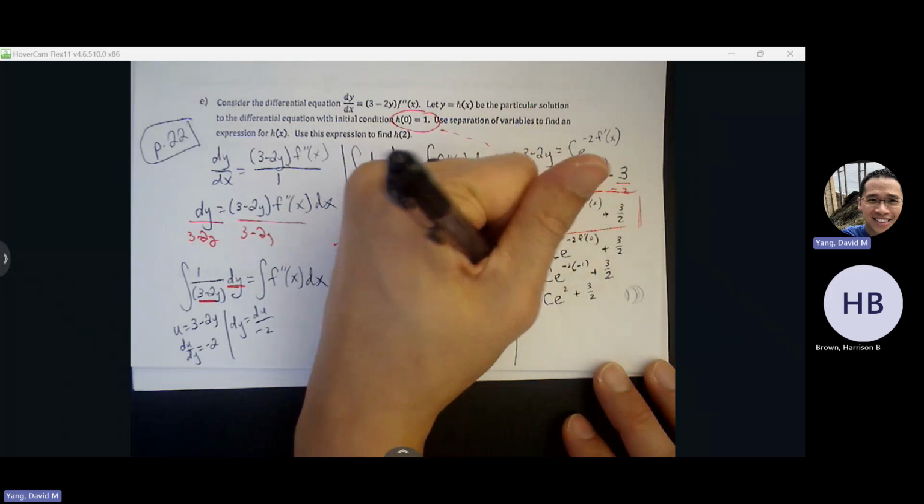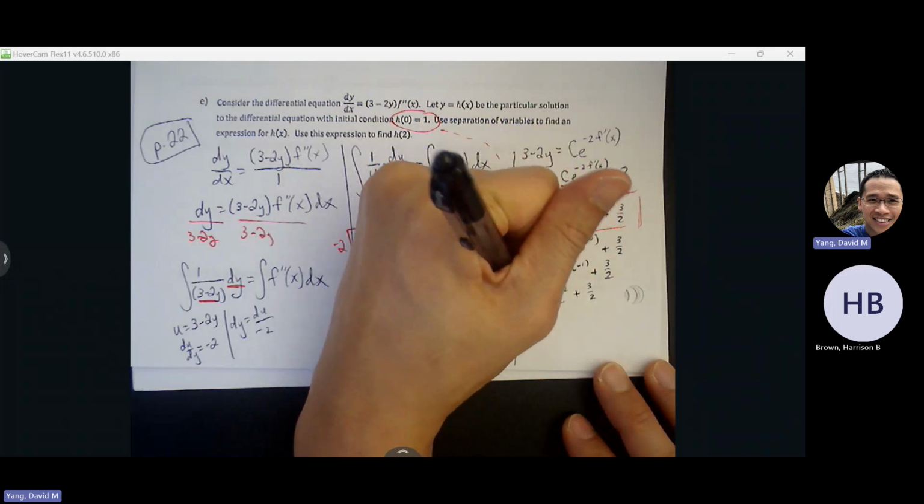So subtract 3/2 from both sides. 1 minus 3/2 is -1/2.